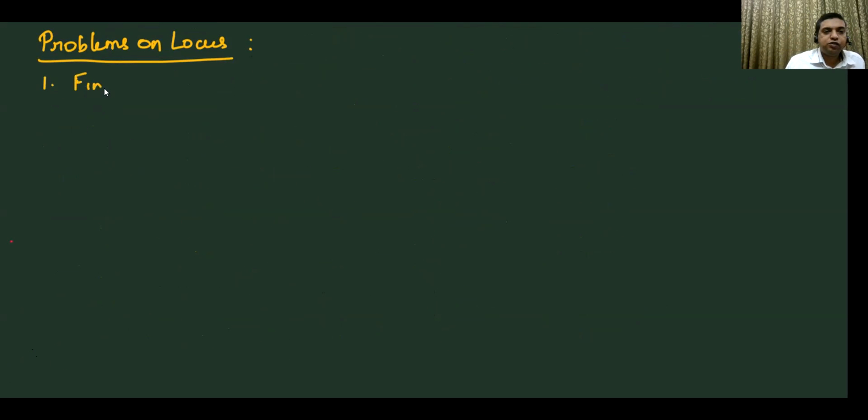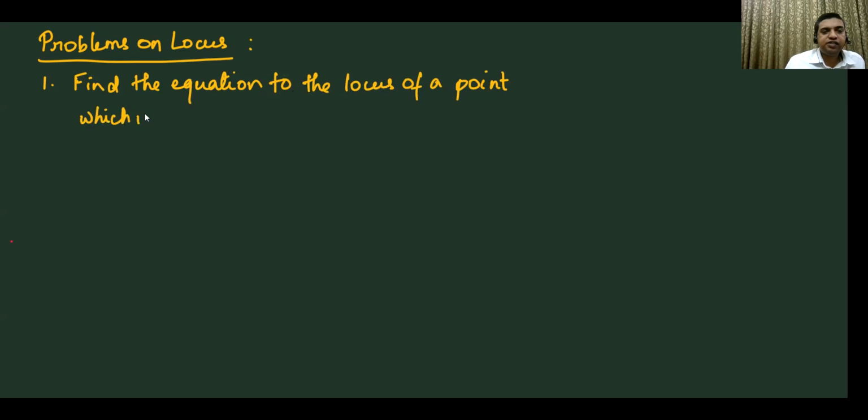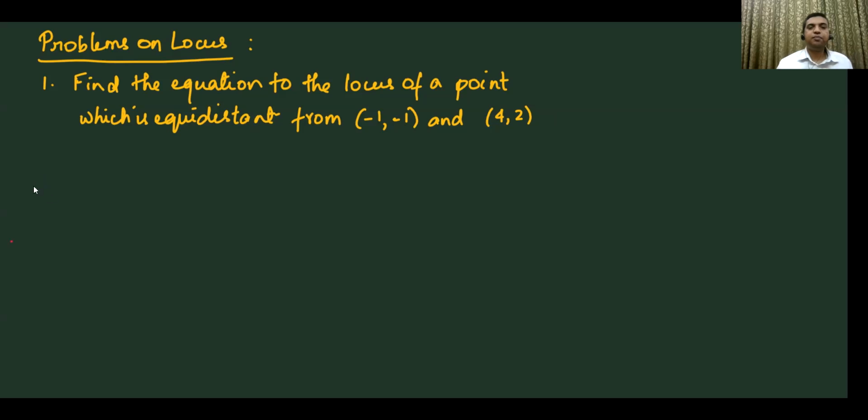Find the equation to the locus of a point which is equidistant from -1 comma -1 and 4 comma 2. Okay, find the locus of a point which is equidistant from -1 comma -1 and 4 comma 2.